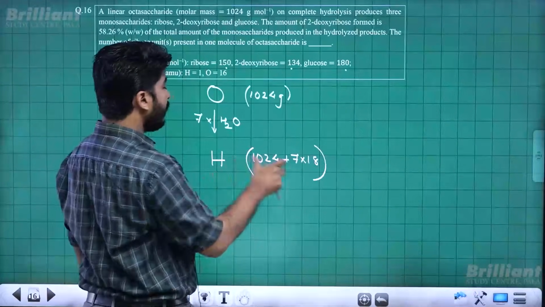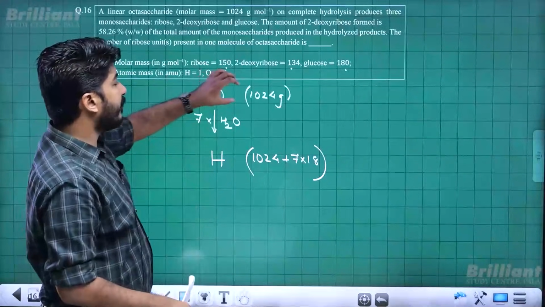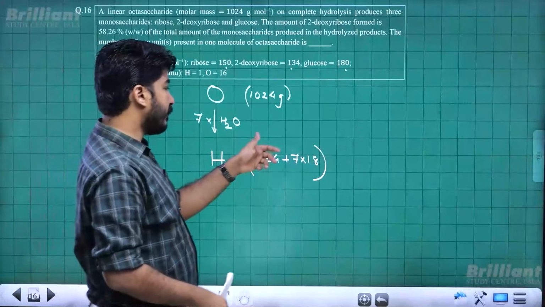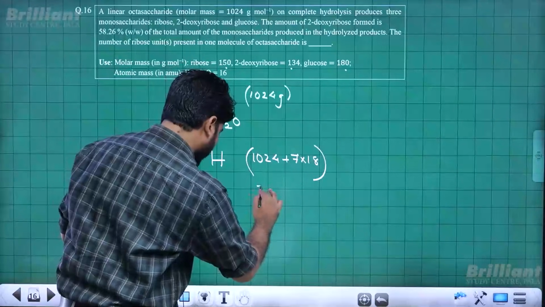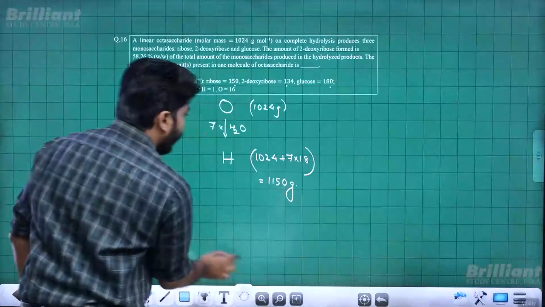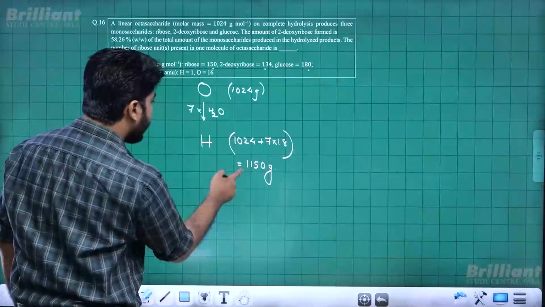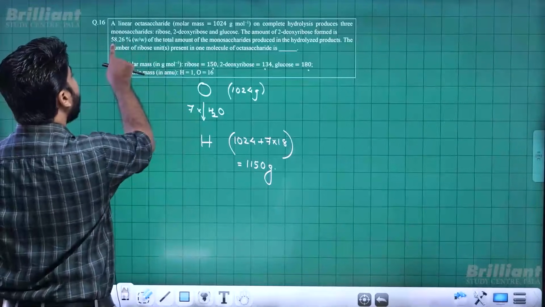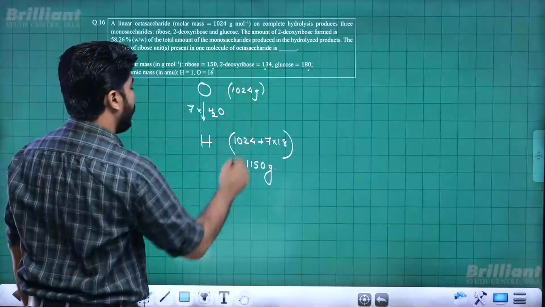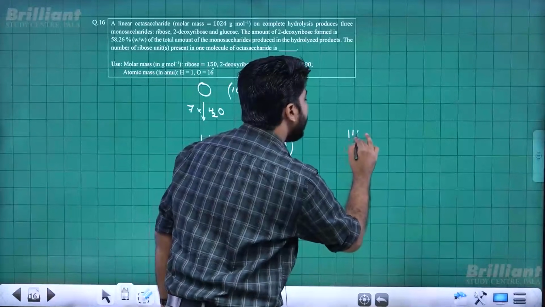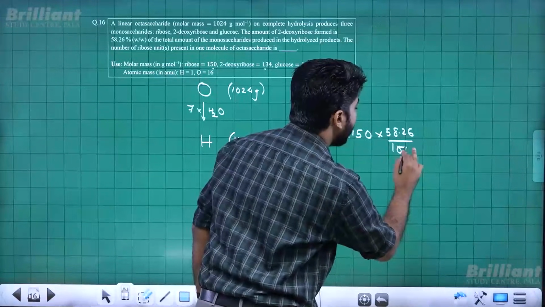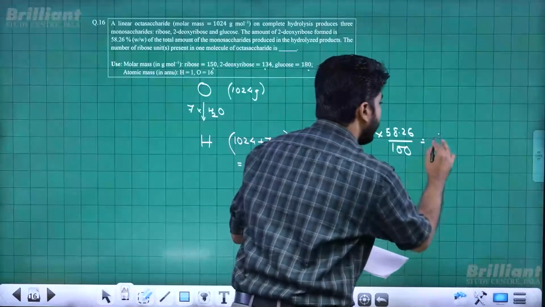So the total mass of the hydrolysis products, if we start from 1024 gram of octasaccharide, is 1024 plus 7 into 18. So the total mass of the hydrolysis products will be 1150 grams then. And they are saying that in this 1150 grams, 58.26 percent is the mass of 2-deoxyribose. So 1150 into 58.26 divided by 100, that is 670 grams.